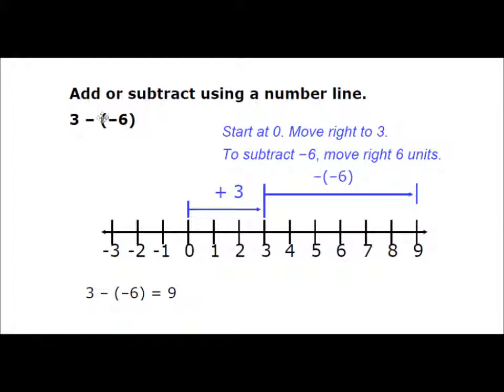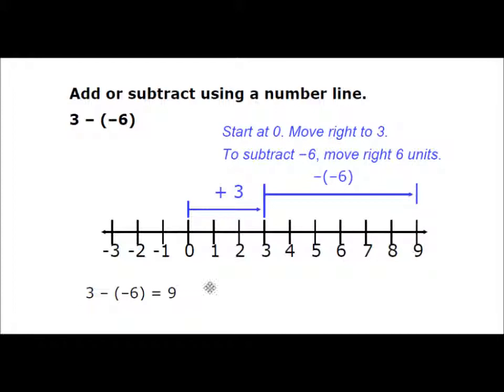So two minuses make it positive, so that means we have to add 6 to 3. So we essentially have to move 6 units on the positive side of the number line. Start counting from 3, move to the right for 6 units. So let's count 1, 2, 3, 4, 5, 6.